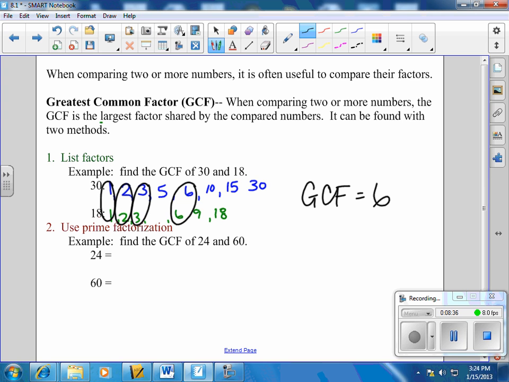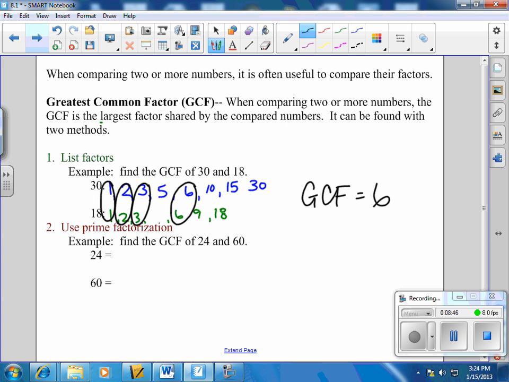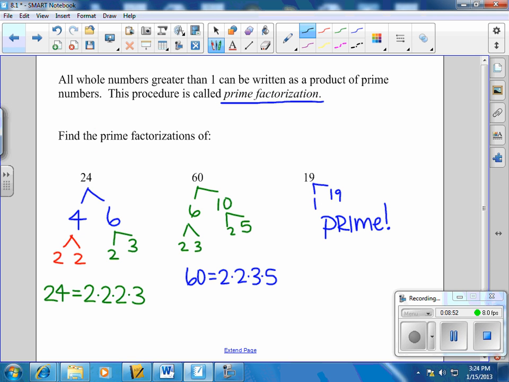So the other thing you could do is use the prime factorization. So we could break up 24, which luckily we already did. 2 times 2 times 2 times 3. And 60, which again we already did, which is 2 times 2 times 3 times 5.